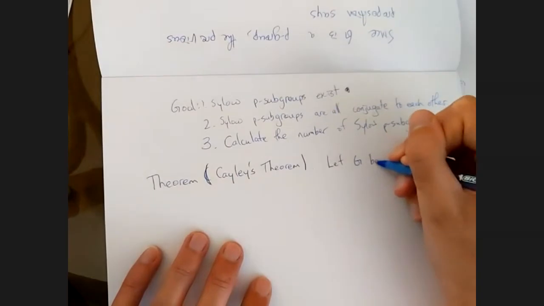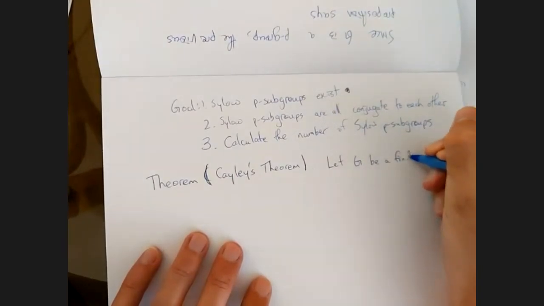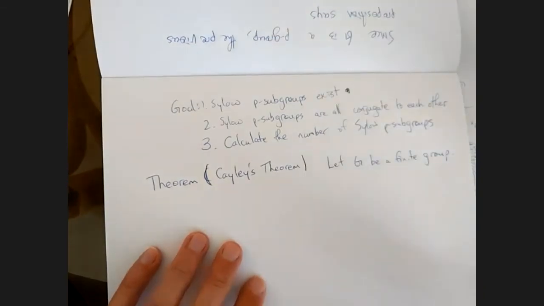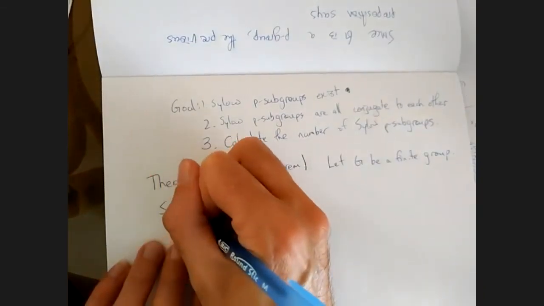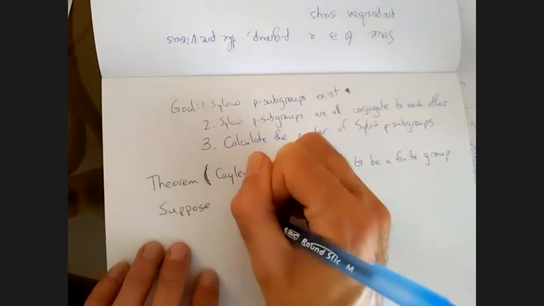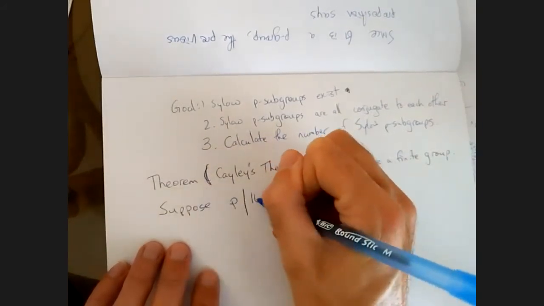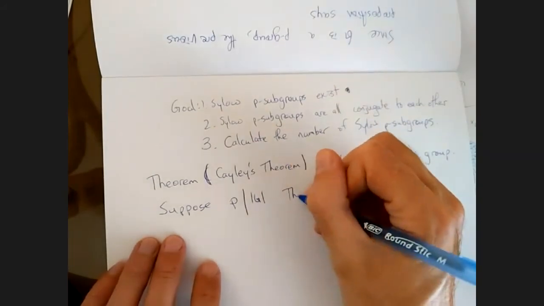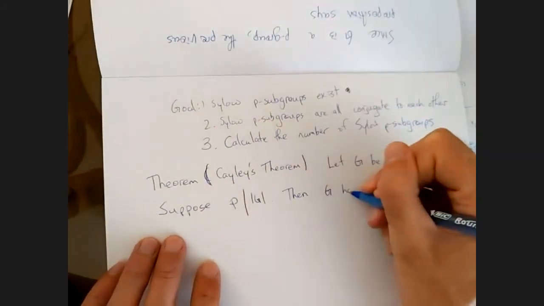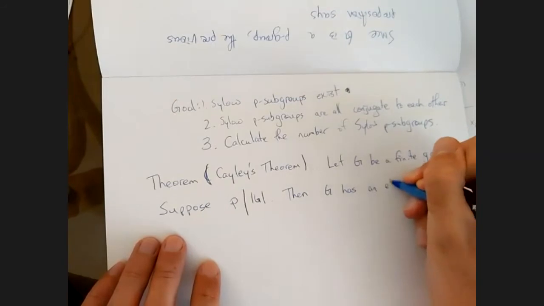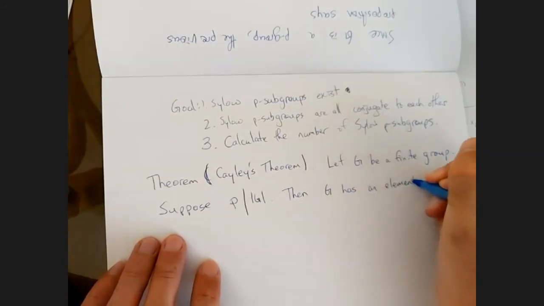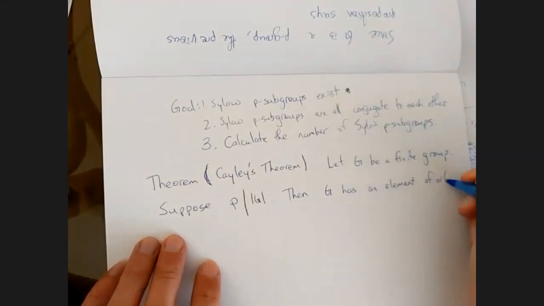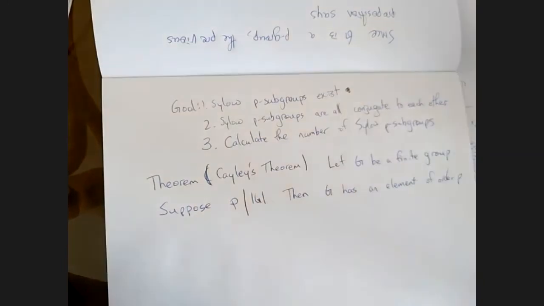Let G be a finite group. Suppose P is a prime and P divides the order of G. Then G has an element of order P.